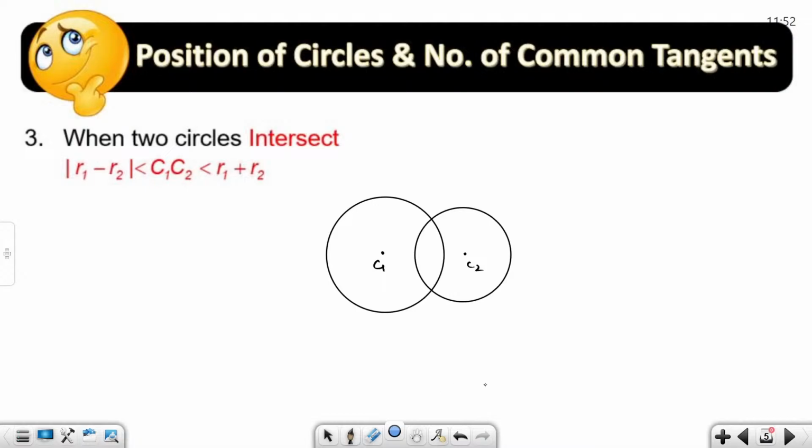First of all, we will find out the condition for which this relation holds true, that is, two circles intersect each other. Now, C1C2 is basically the distance between the two centers of these two circles.